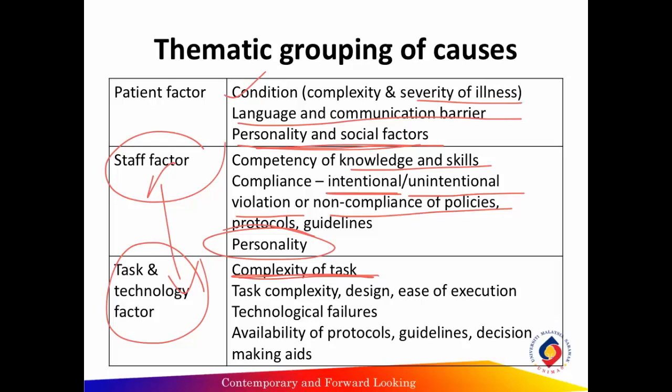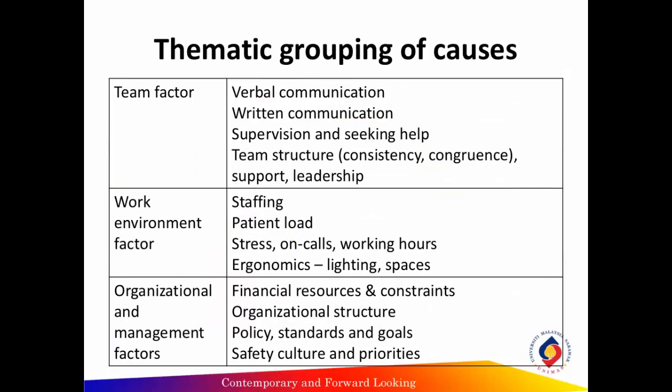Task complexity also could be due to how the task is being designed and the ease of execution of the task. There may also be incidents of technological failures, as well as whether there's any availability of protocols, guidelines, decision-making aids that may help the staff to make decisions.